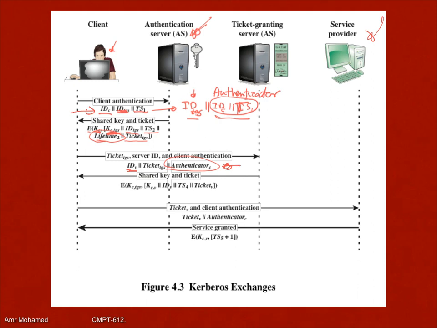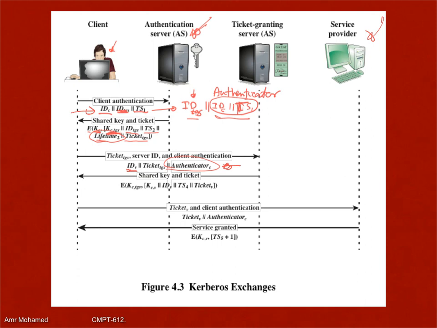So even if you get into this communication and try to be smart and say, I'm going to get a copy of the ticket, and later on, before this ticket expires, I can just replay it and try to authenticate myself to the TGS server, you will not be able to because you don't know the shared key.